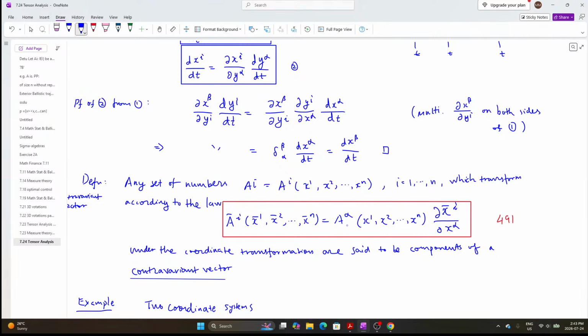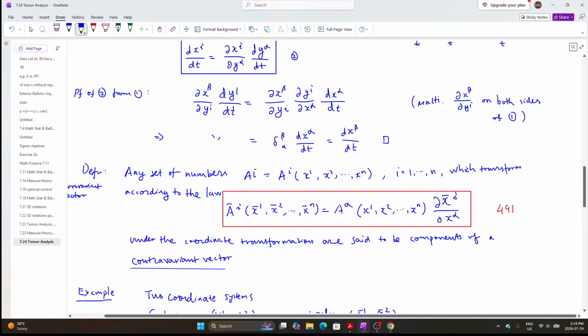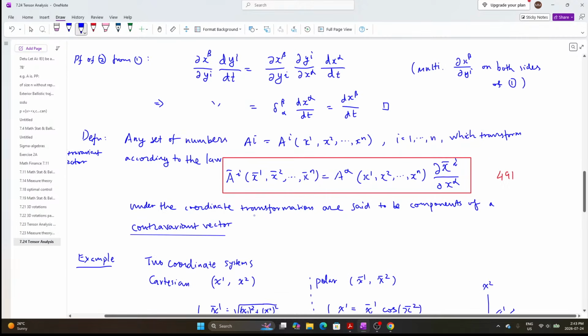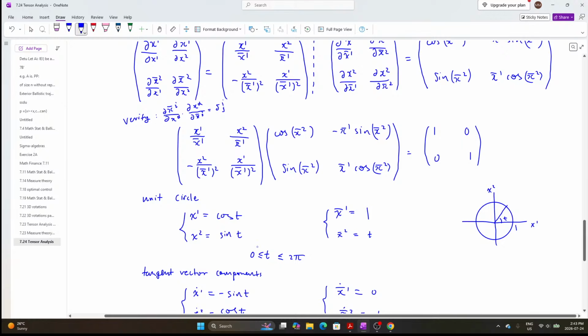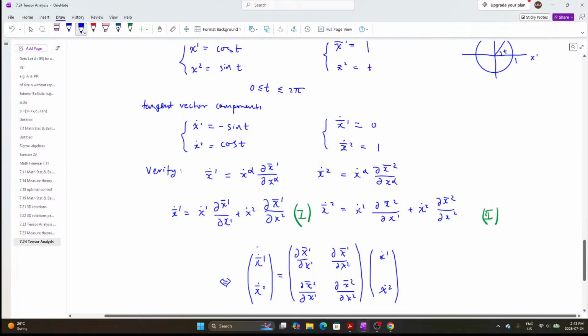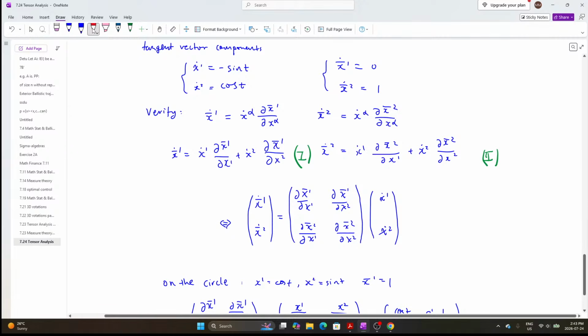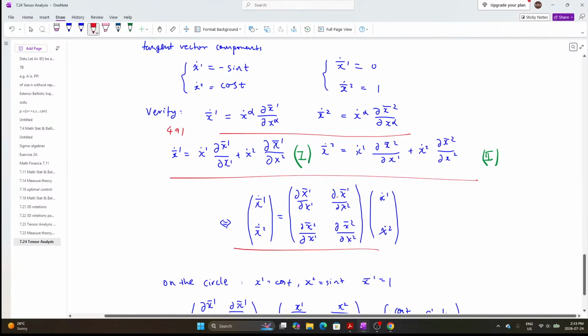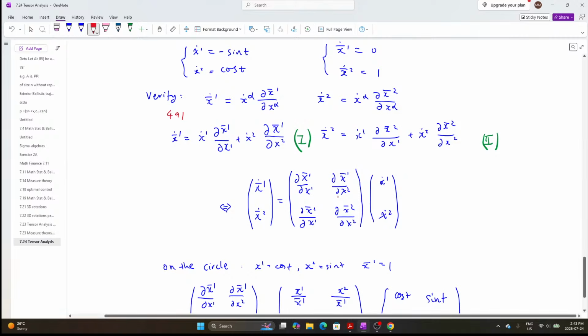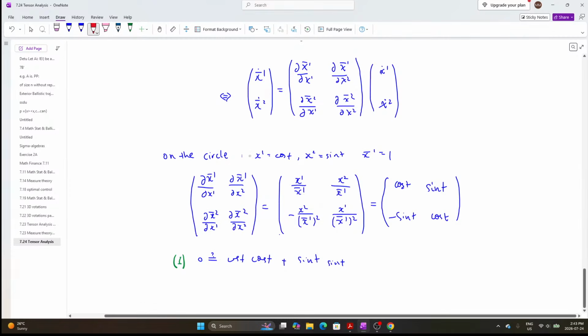Yes, we're verifying the contravariance. Exactly, we're verifying 491. Here, we're verifying that the tangent vector of this unit circle satisfies the contravariance law. This is 491, which is this, and this. They all mean the same thing.